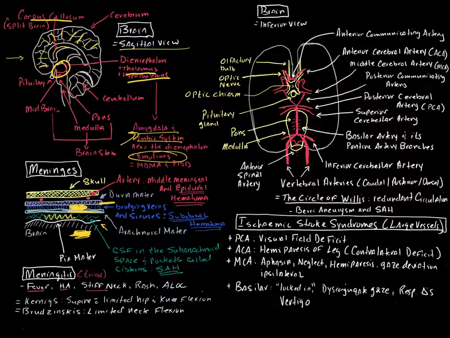And typically bleeding underneath the arachnoid matter is arterial, and that's known as subarachnoid hemorrhaging, right? And then you can also get bleeding between the skull and the dura mater, or on top of the dura, and this is known as an epidural hematoma, right?